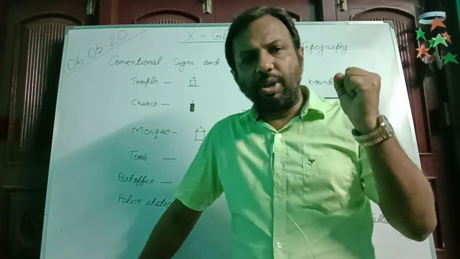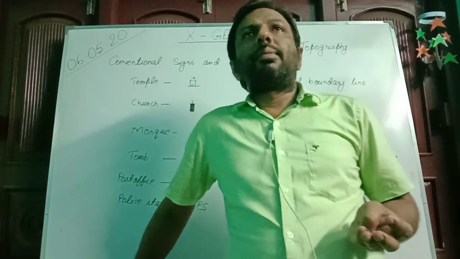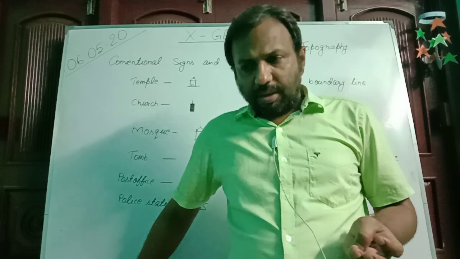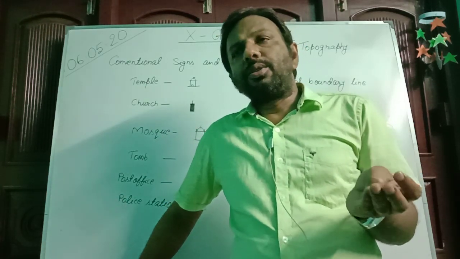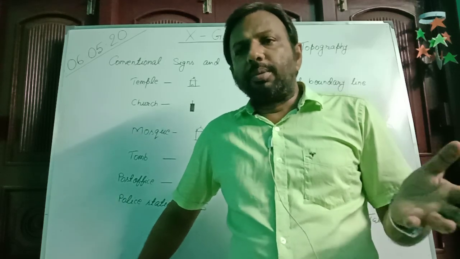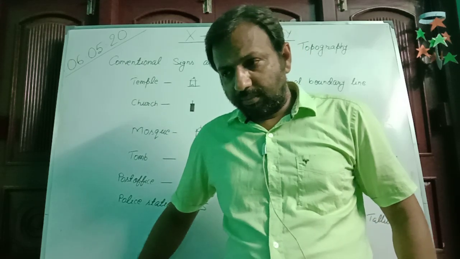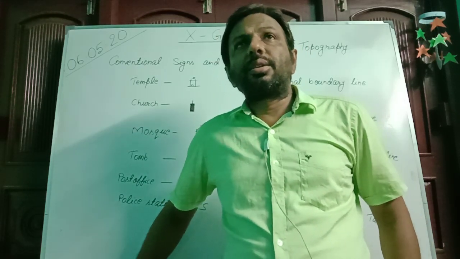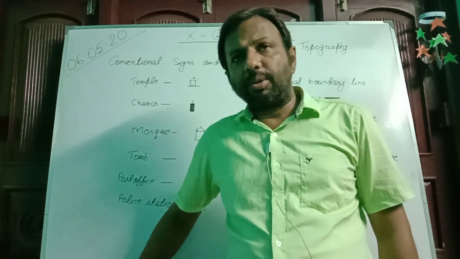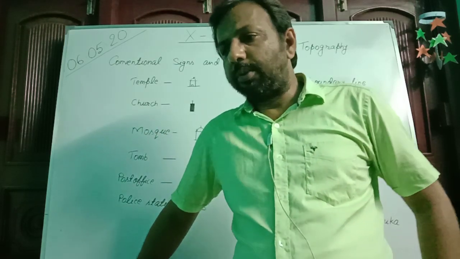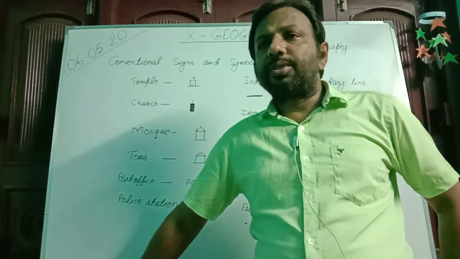A few questions you keep in hand. Suppose you prepare minerals, and in minerals you will get renewable sources of energy, non-renewable sources of energy. Then in the combined form, these chapters will give you one question that will consist of 10 marks. Another one is mineral based industry and agro based industries.